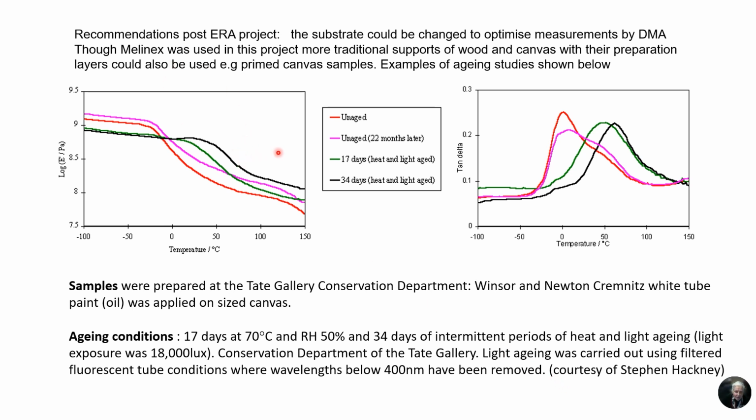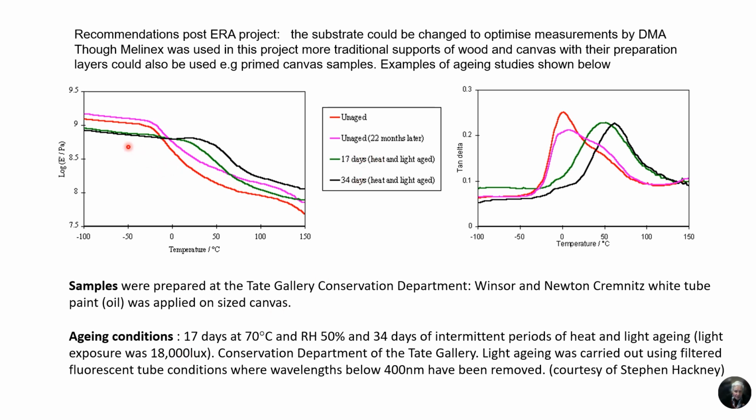So unaged, and then 22 months later, 17 days heat and light aged, and 34 days heat and light aged. And the temperature was 70 degrees for the thermal aging, and RH was 50%, and light exposure was 18,000 lux.